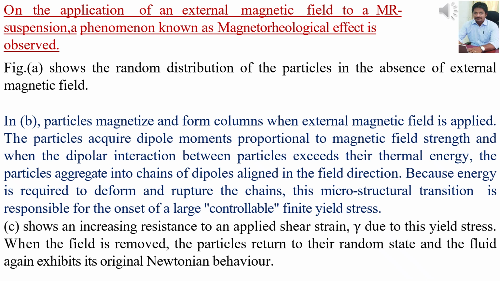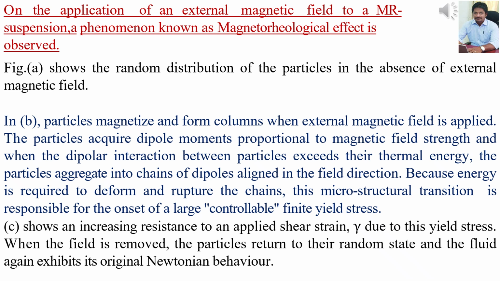The behavior of the MR fluid under different magnetic conditions has been shown in the form of figures A, B, and C in the previous slide, and the description is given here. In the absence of the magnetic field, the particles are randomly distributed. When the magnetic field is applied, the particles form columns or chains, increasing the stiffness and creating high resistance to flow.